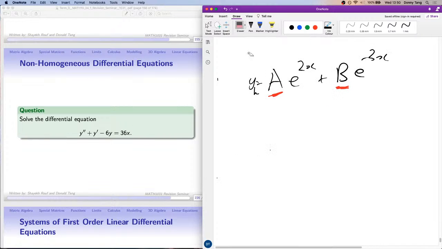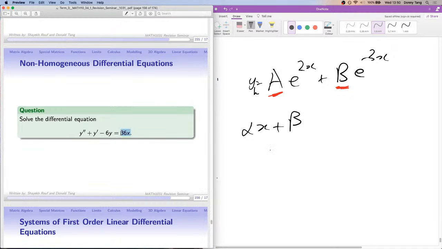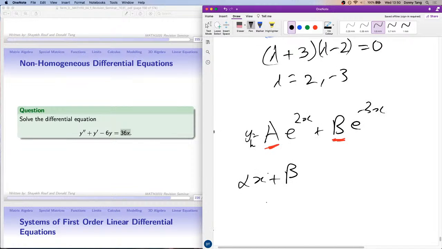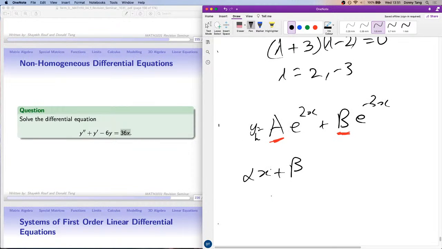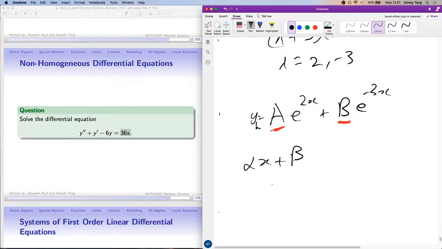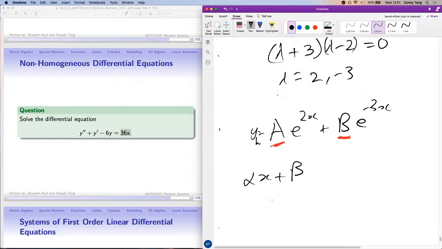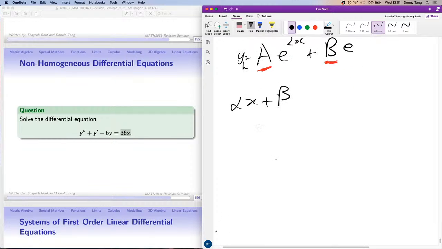So what we need to do is just make a guess. This is going to be alpha x plus beta, because it's 36x on the right hand side. So we're going to guess a first degree polynomial, and we're going to sub it into our differential equation. So this differentiated twice is 0.